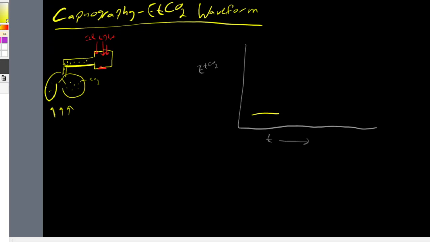So this next part, once the gas, and I'm going to draw our CO2 here, once the gas reaches our chamber and continues to fill, we're going to start to see a sharp rise in our end-tidal carbon dioxide. That's because the more carbon dioxide that starts to get exhaled, the less infrared light is being sensed.